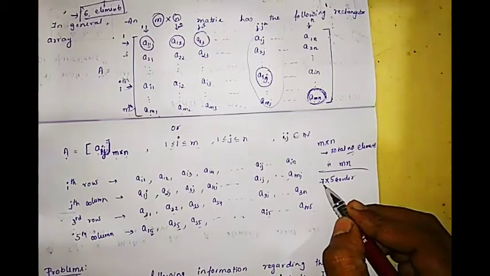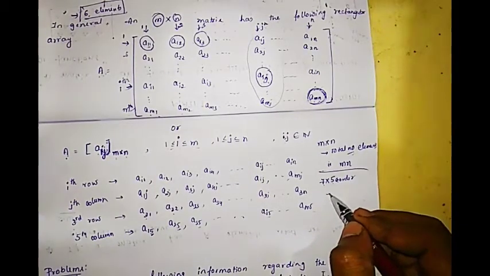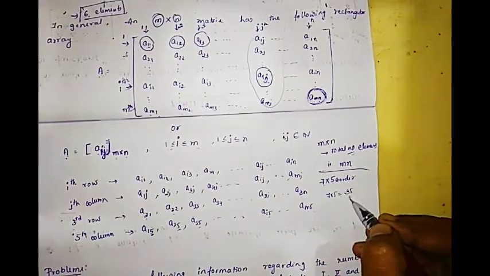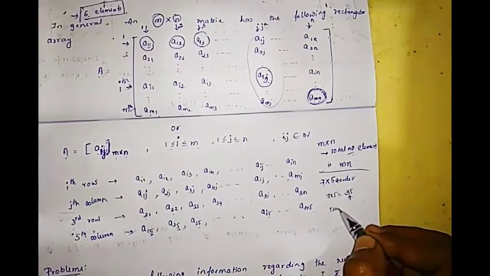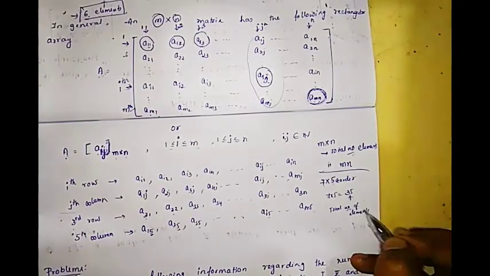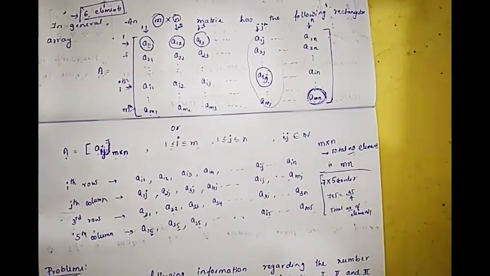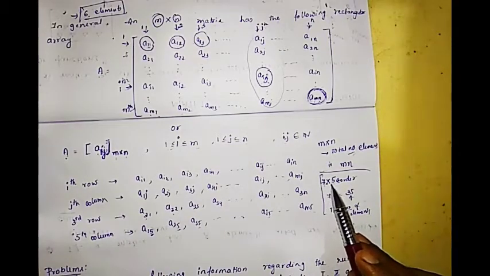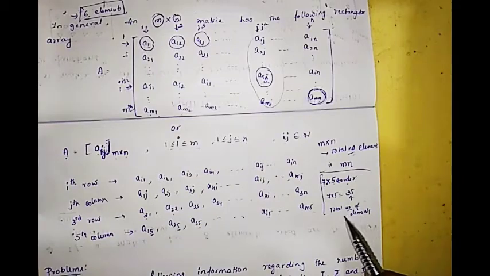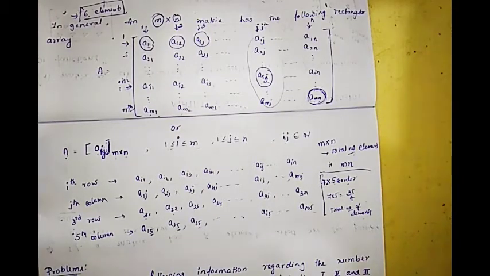If it is 7 rows and 5 columns, then 7 into 5, there are 35 elements. 35 is the total number of elements present in this matrix. When the order is 7 by 5, the total number of elements is 7 into 5, which is 35 elements. It should be present in the matrix.